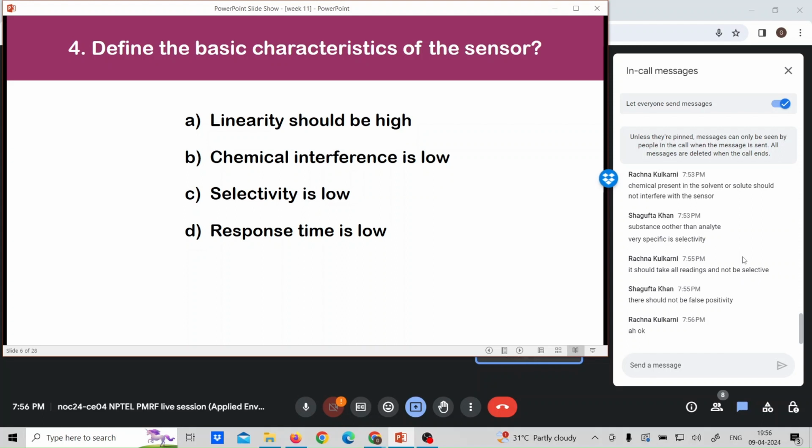So low selectivity is not good, high selectivity is good. The lower the response time, the faster the detection can be, so a low response time is also a very good characteristic. Except for low selectivity, all of them define the basic characteristics of a sensor. I have highlighted that. Only that is not a basic characteristic; the others are.